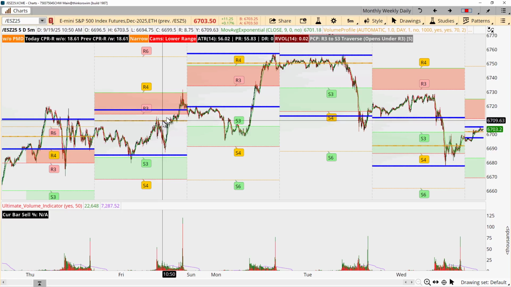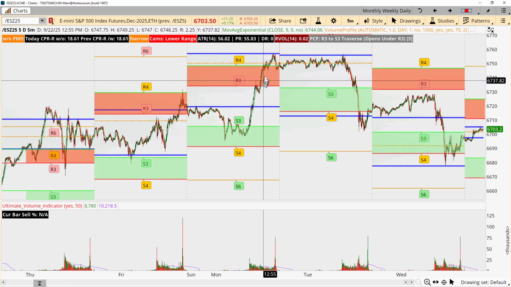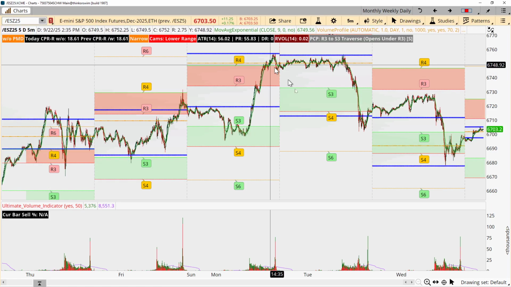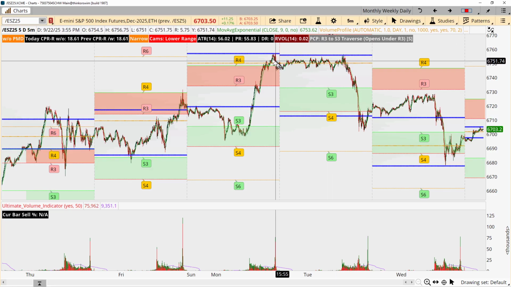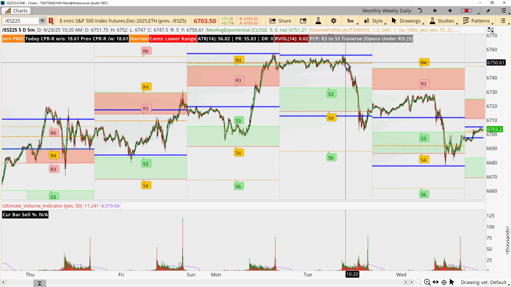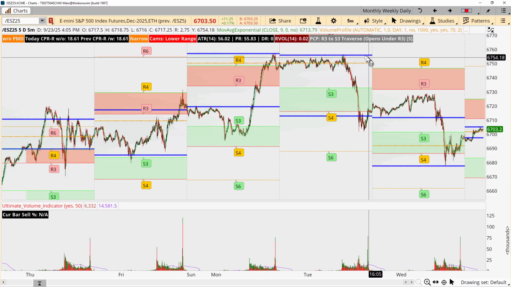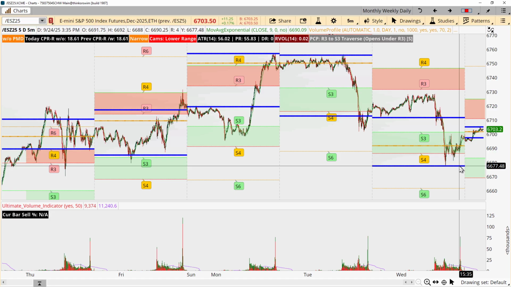So that POC doesn't mean a lot to me, but when we spend most of our day here and go up, and the POC is right there at the end, I think I told you before, and then on Tuesday, we start off, and if you look at where POC was, it was also right there, which means a bunch of people dumped their shares right there. You look at those two, and then you think, what is going to happen today? Well, looks like people got out up there, which means I'm looking for a short. I'm going to take every clue I can from the tools I have at my disposal.